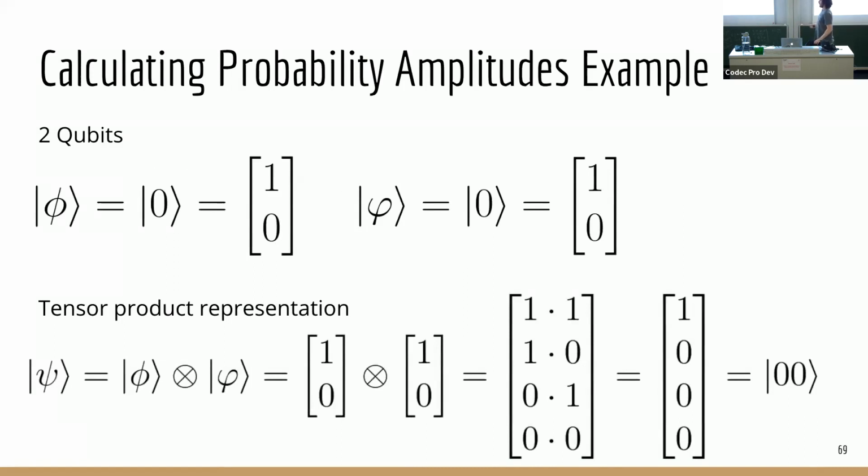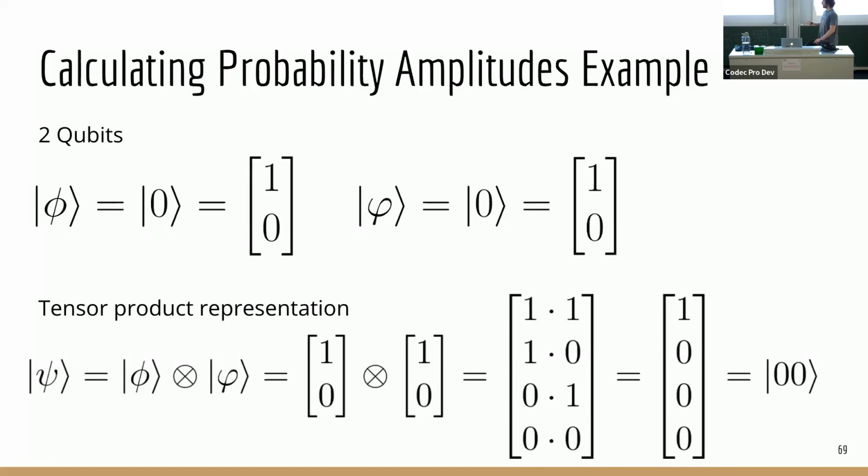So I want to give a concrete example to this. Let's say we have two qubits that are each the zero ket, which we should be familiar with what these look like as vectors by now. If we look at the aggregate state psi as the tensor product between these two vectors, then it evaluates as follows. We take the top entry here, multiply it by the top entry here for this entry.